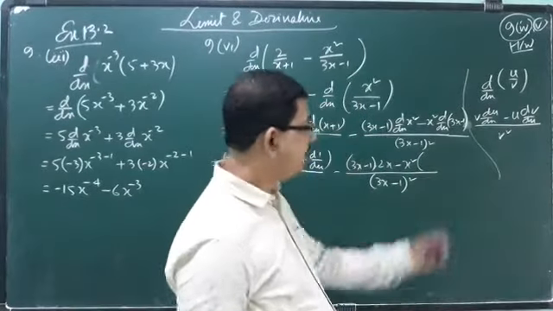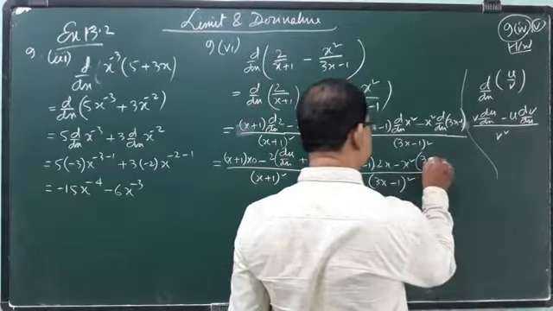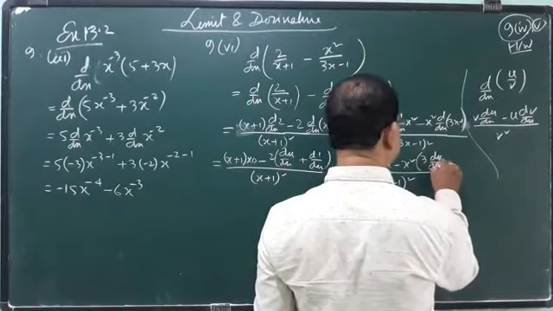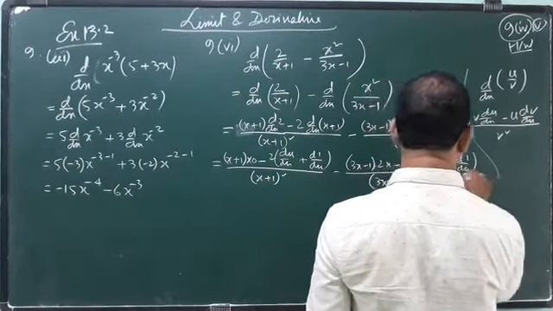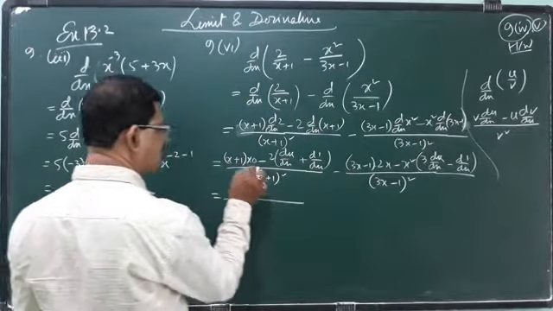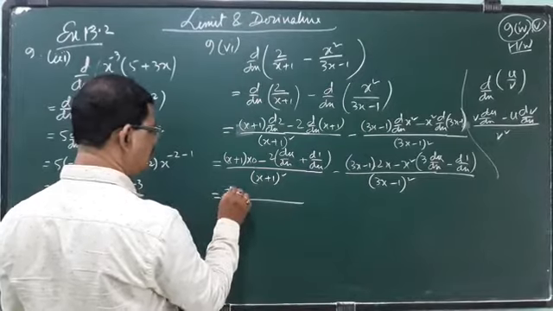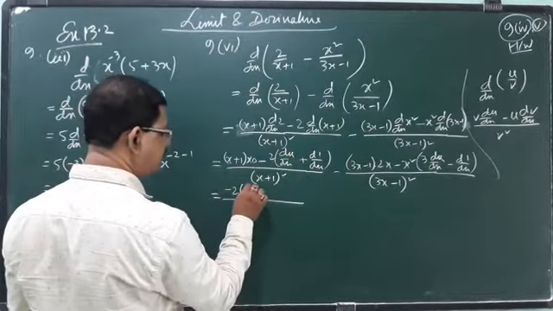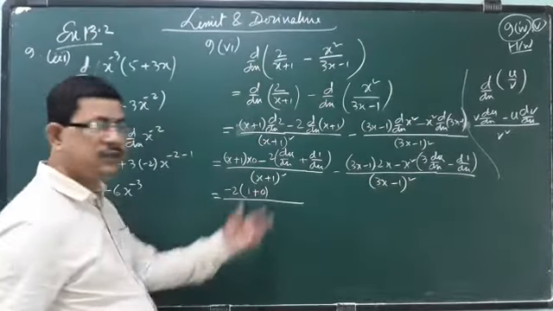Now if d/dx goes inside this one, what will it be? It will be d/dx of x minus d1/dx. Now students, it is coming shorter by multiplying 0. This one minus 2, dx/dx is 1. You can remember it like that, dx by dx.